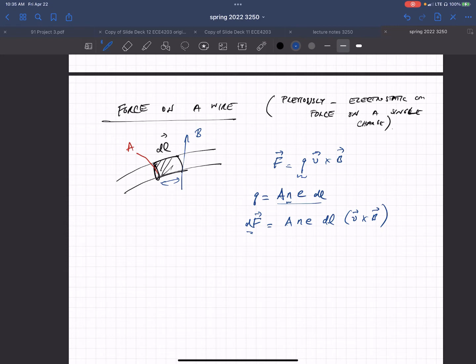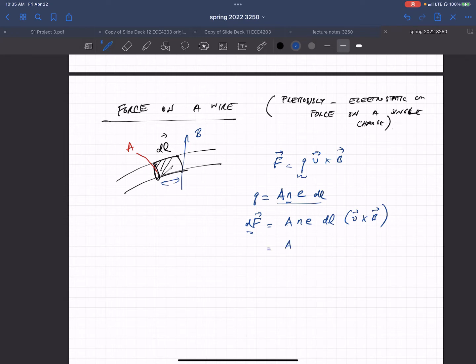Now, one nice thing about a wire is that because the wire directs the flow of your charges, the velocity vector is going to lie in the same direction as the length vector. So by definition, if dl goes around, so does the velocity vector. So we can bring out the velocity and just keep track of the dl as a vector.